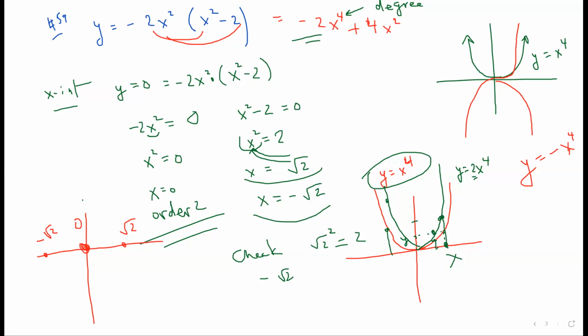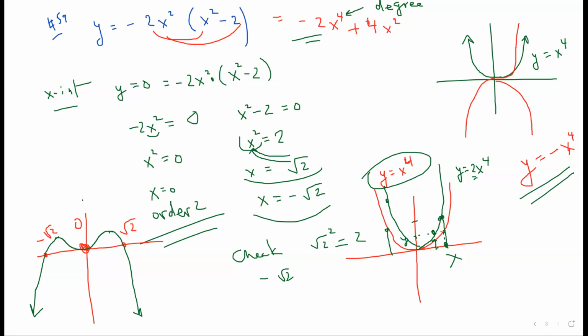Now I recall that both ends go downwards because it's a negative in front. Okay, so one end of it goes down and so does the other end. And now to connect, I have to go and touch my x-axis at the origin, at the point 0. So this way we have a graph.